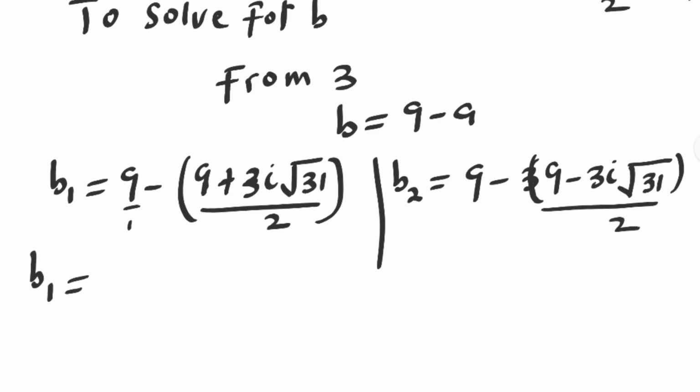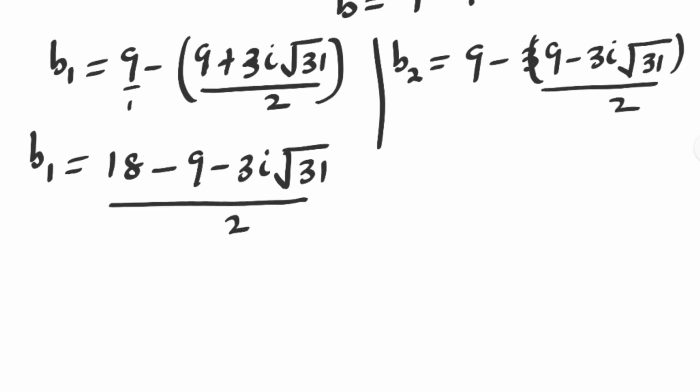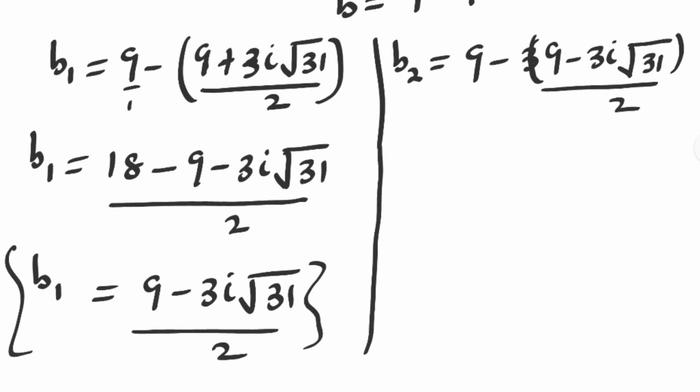1 into 2 times 9, that is 18. If we open the bracket with this negative, we have minus 9 minus 3i square root of 31 over 2. b1 is equal to 18 minus 9. This is 9 minus 3i square root of 31 over 2. This is the value of b1.